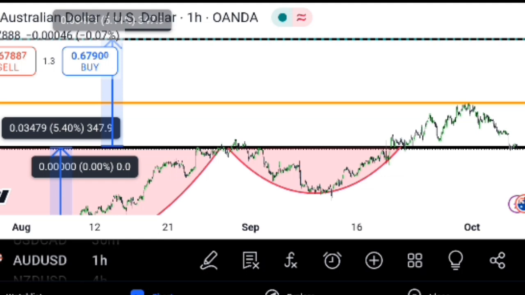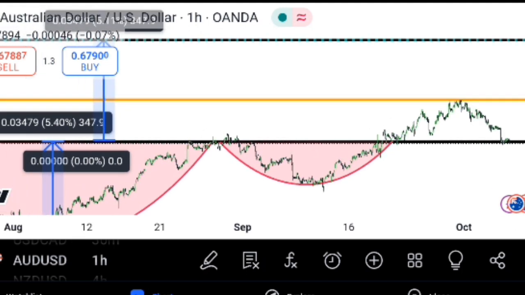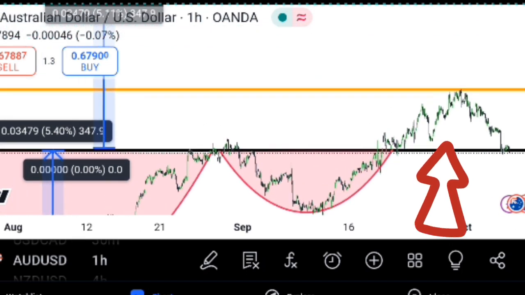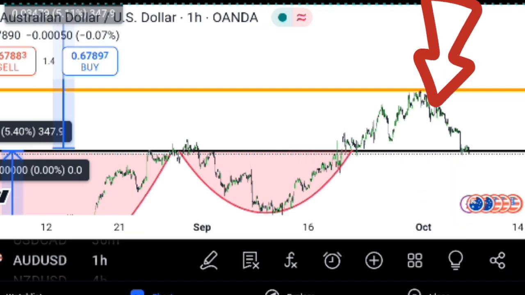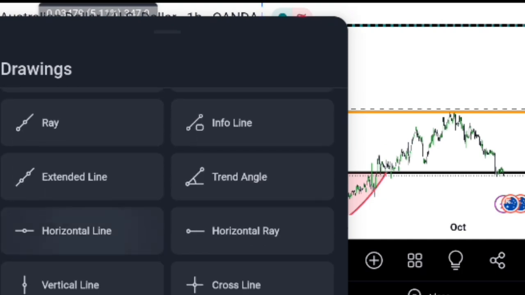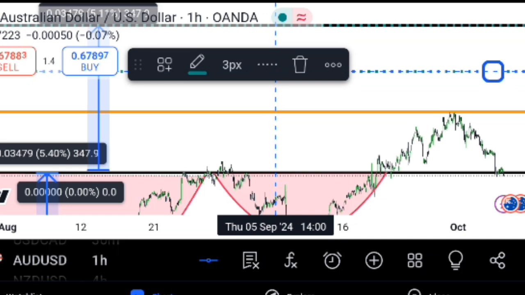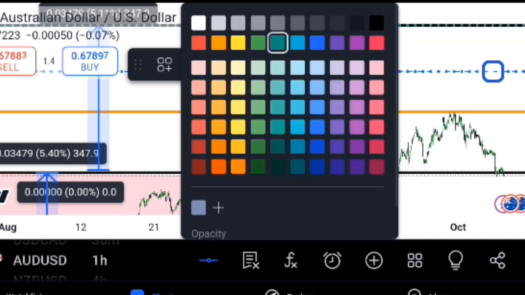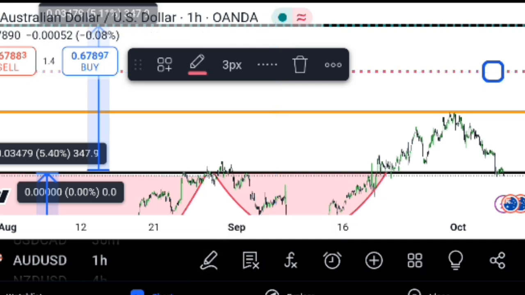You could decide to break it down into sections, from this support here, take profit 1 to this orange resistance, and then from our orange resistance, take profit 2 could be to this other line. Let me make it pink. Yes, that pink dotted line could be our take profit 2, then 3, and so on.